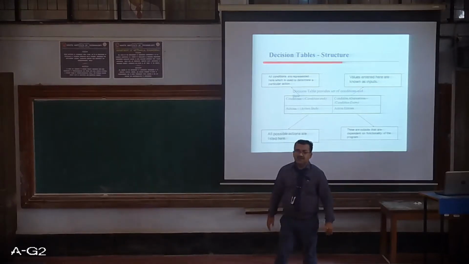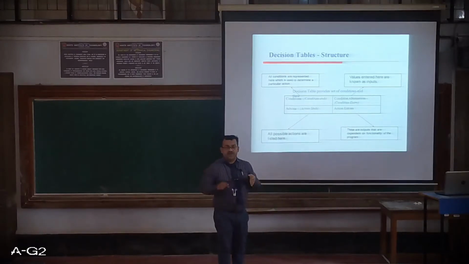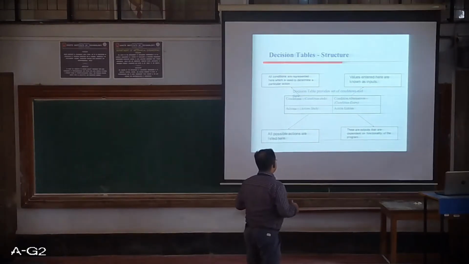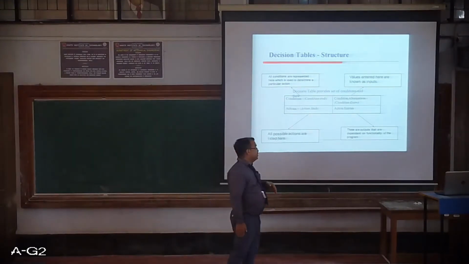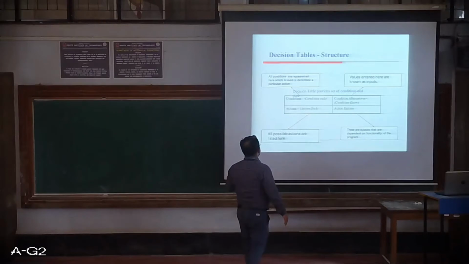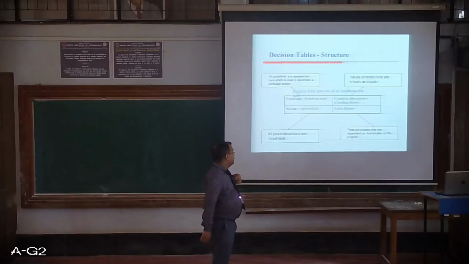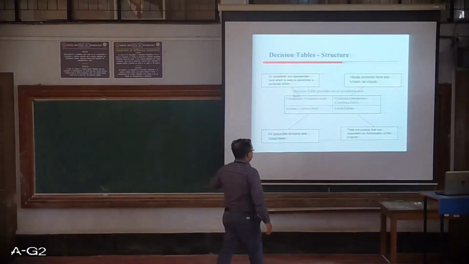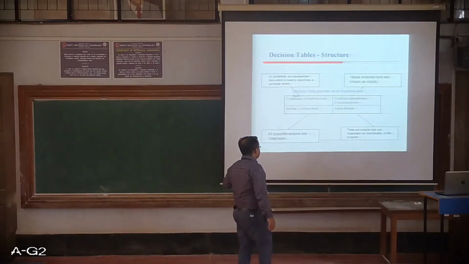The top left corner gives you the conditions, called the condition stub, where all the conditions used to determine a particular action are represented. The different alternatives that apply, that is, the values corresponding to these conditions, are given separately.